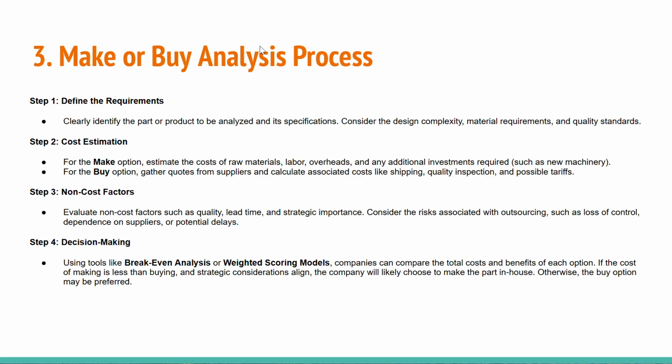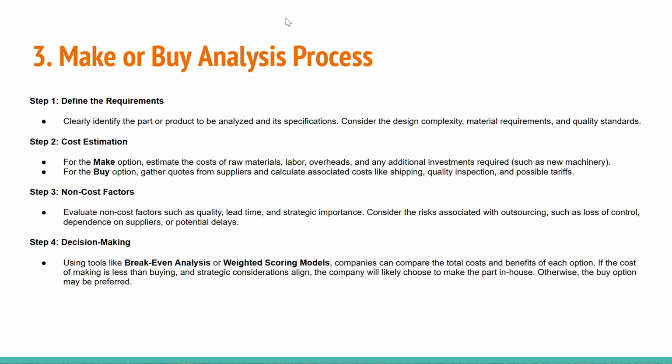Step 3 is non-cost factors. Evaluate non-cost factors such as quality, lead time, and strategic importance. Consider the risk associated with outsourcing, such as loss of control, dependence on supplier, or potential delay. Step 4 is decision making.